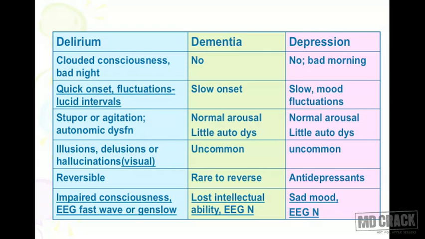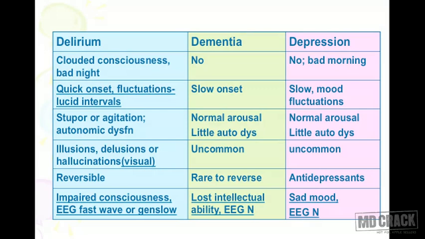It's not about consciousness, it's about the cognitive ability, intellectual ability, and the EEG is totally normal. If you cannot differentiate between delirium and dementia, and you don't know if there's a medical cause involved, then the electroencephalogram of a patient with dementia has to be normal, and in delirium, the electroencephalogram has to show fast waves or generalized slow waves.